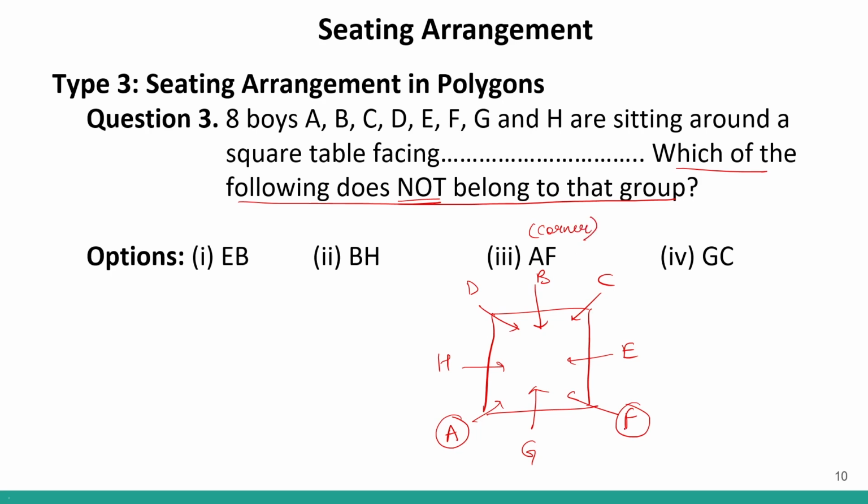And between G and C, we have F over here. G and C, there are 2 people. So the logic that is being used is between EB, BH, AF, we have only one person, correct? But between G and C, we have 2 people. Therefore, this is different. Option number 4 will be the answer. Clear?